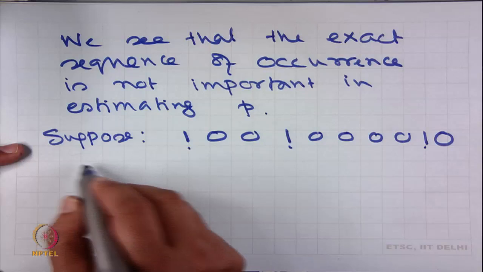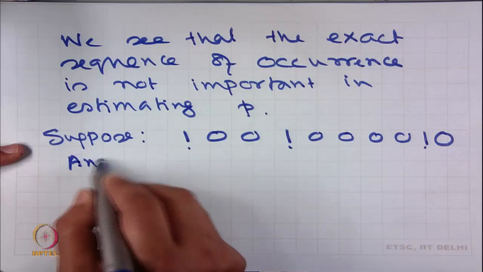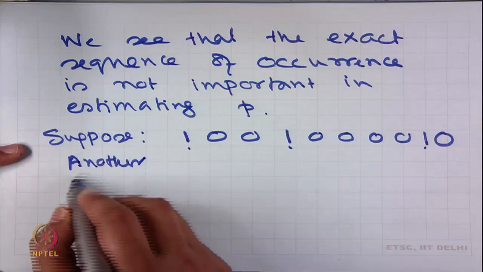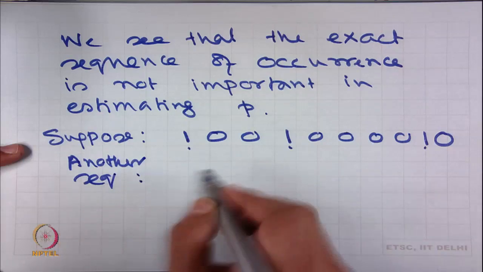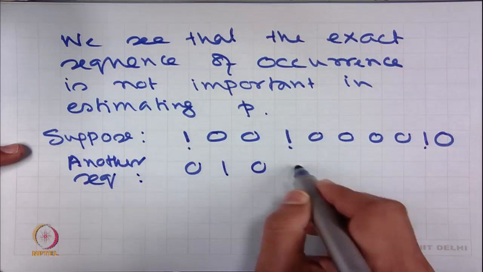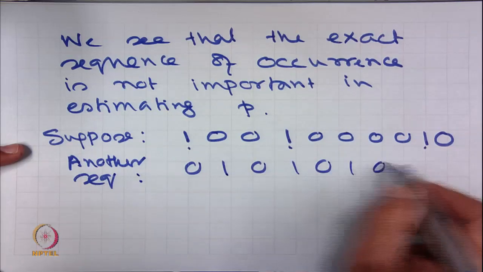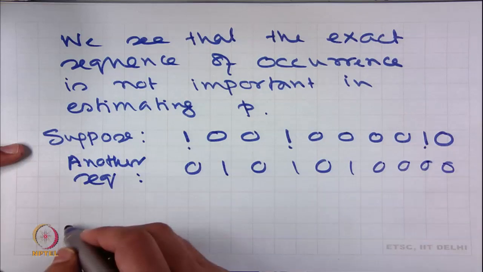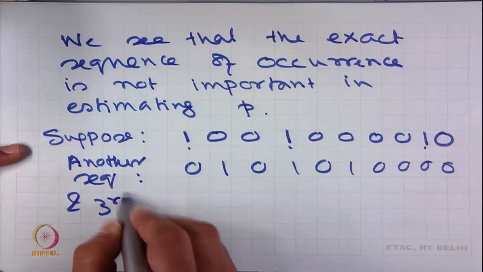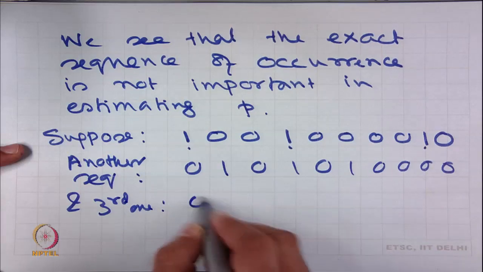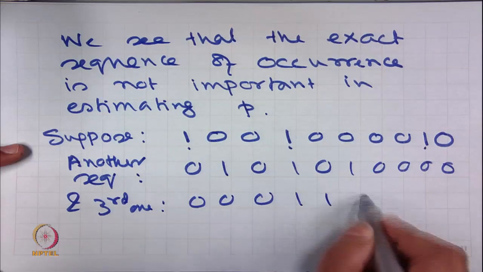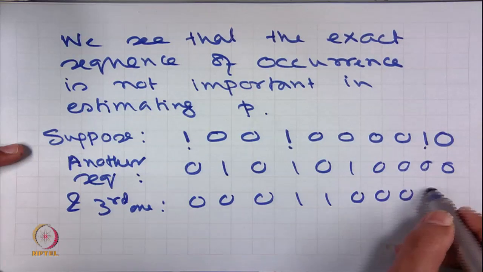Suppose another sequence is 0, 1, 0, 1, 0, 1, 0, 0, 0, 0, and the third one is 0, 0, 0, 1, 1, 0, 0, 0, 0, 1.